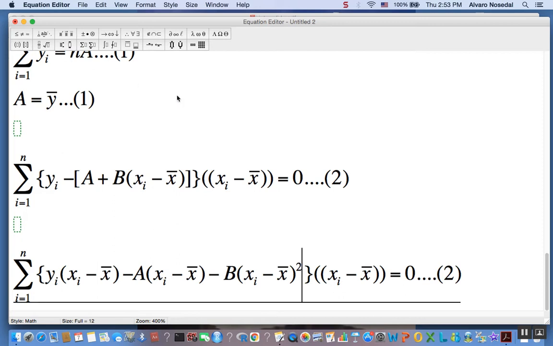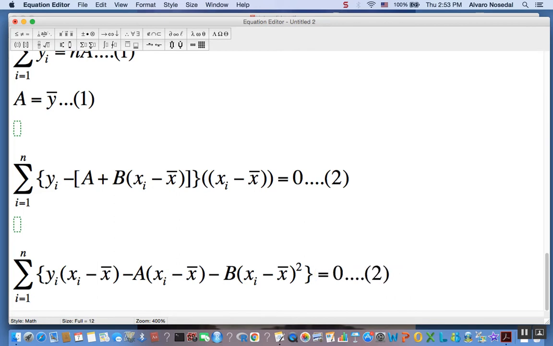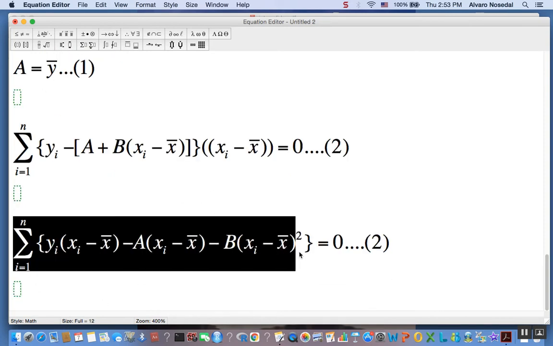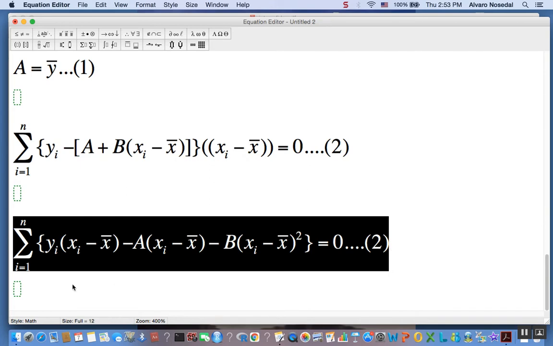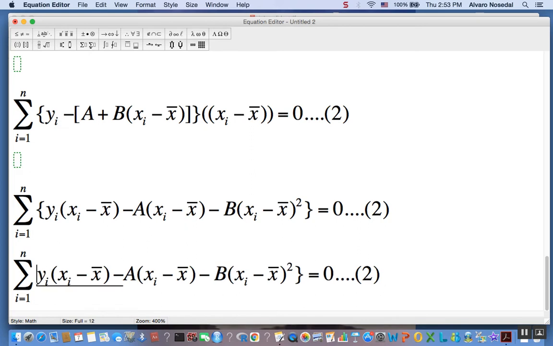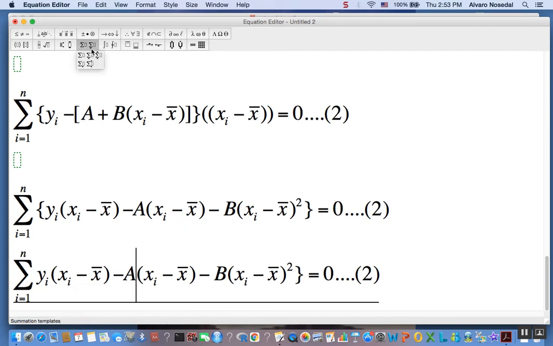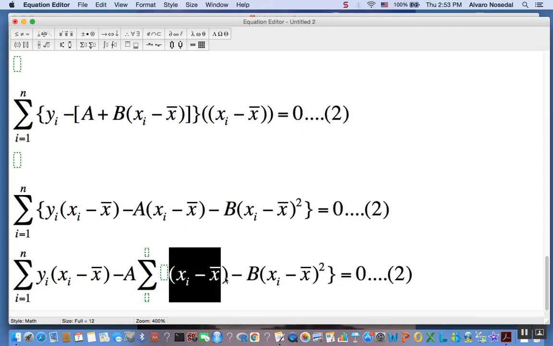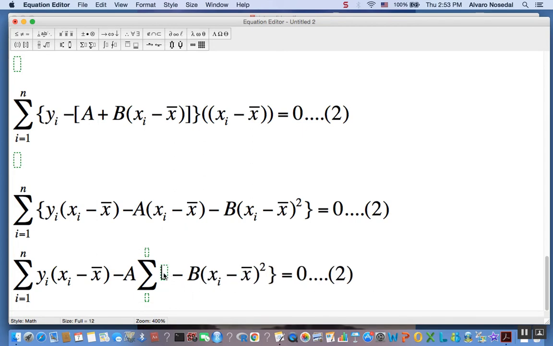Yeah, it looks good. Okay, so now we don't need this guy anymore. Correct? Okay, now let's expand. This is the same, right, as the sum of yi's times xi minus x bar, right? Then a is a common factor, and we are going to have the sum of the xi's minus x bar, right?